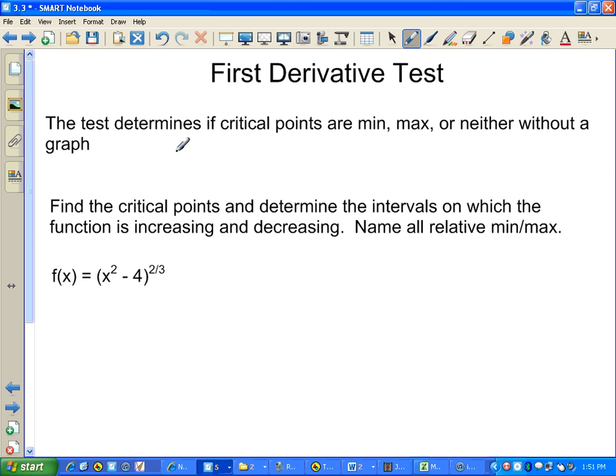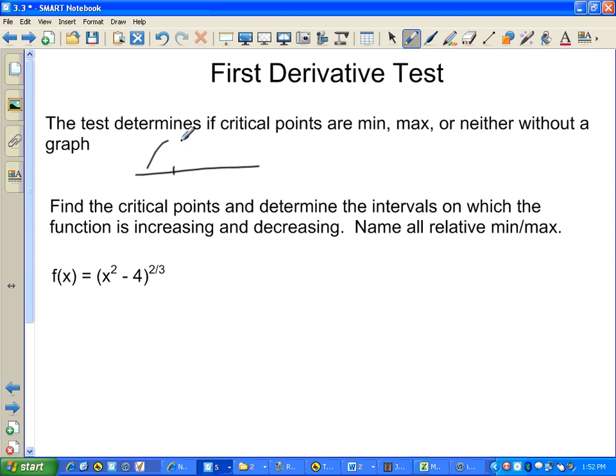So let's say I have a critical point at a certain x value. Okay, so I know that when x is this value, there's a critical point, which means it's either a relative min or a relative max. Well, in order to determine if it's a min or a max, I would need to know if my slope just to the left of my critical point was increasing.